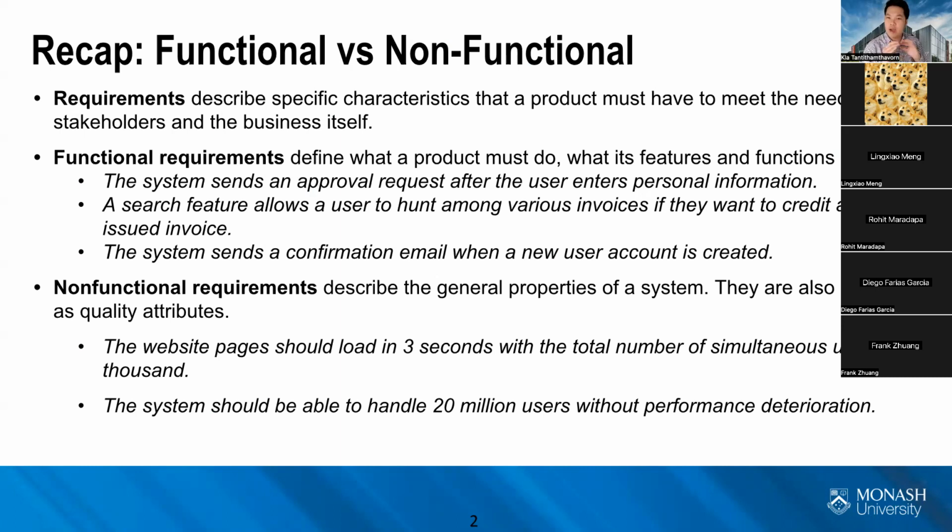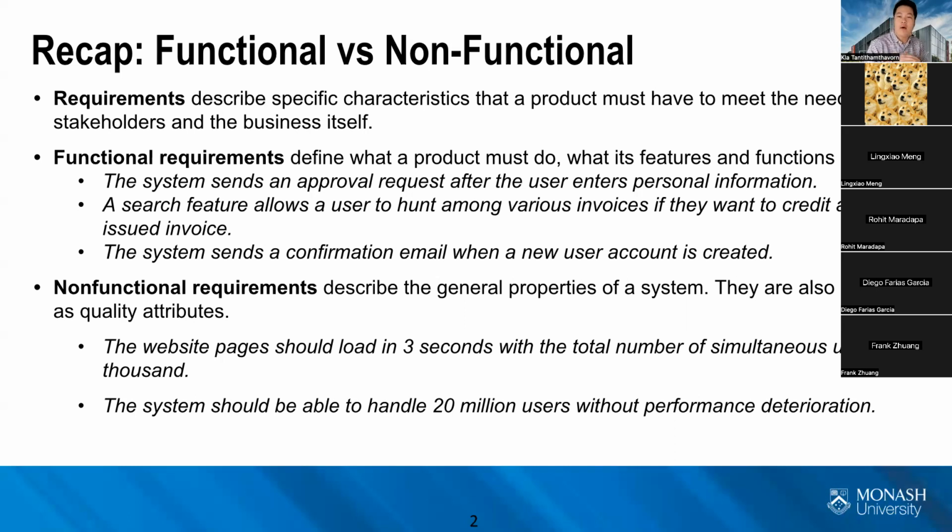It will describe everything: what the product should be, what the features inside the software product are, what a product must do, and what the general properties of the software system are. We talk about functional requirements and non-functional requirements. When we say what the function or the features of the software product are, that's a functional requirement.